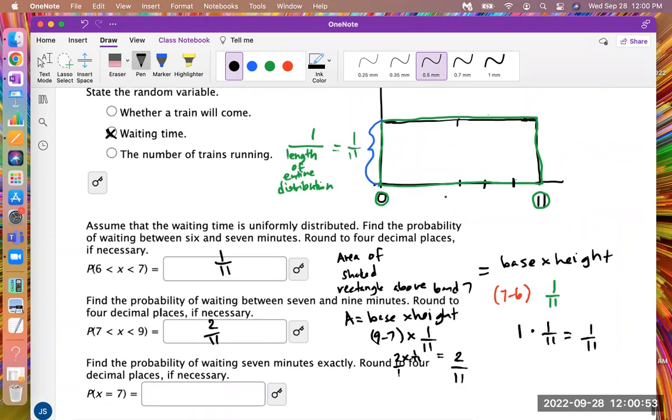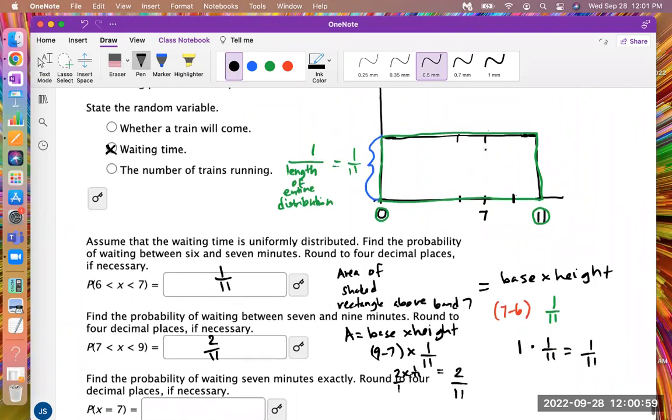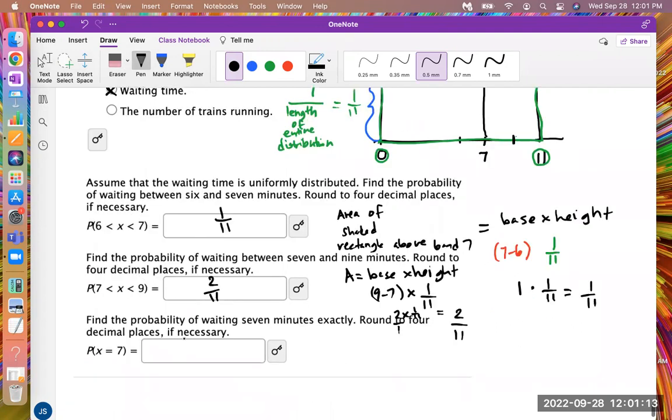I shade 7, but it's exactly 7, so I just draw a little straight line over 7, and I ask myself, what is the area of that straight line? Well, there is no area in a straight line. So the answer there is just 0.